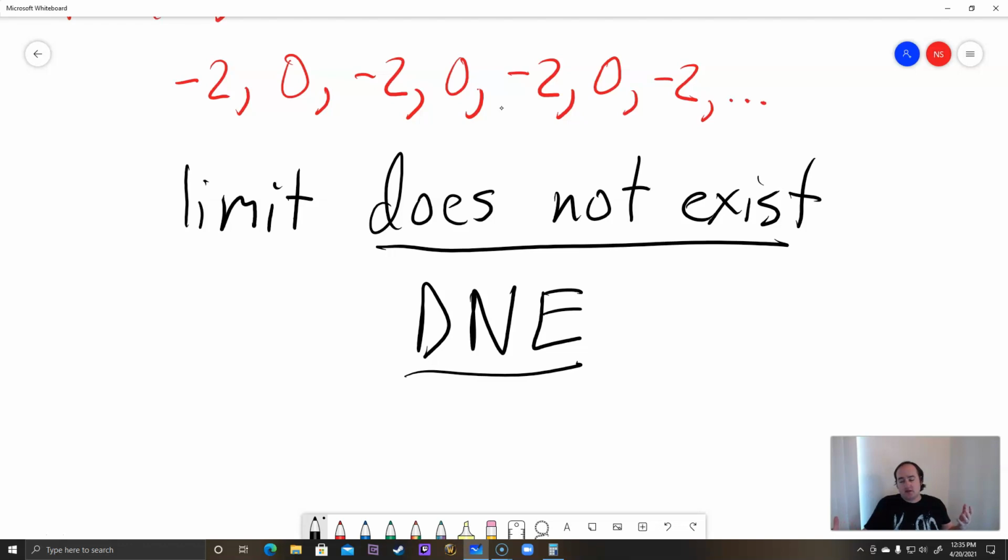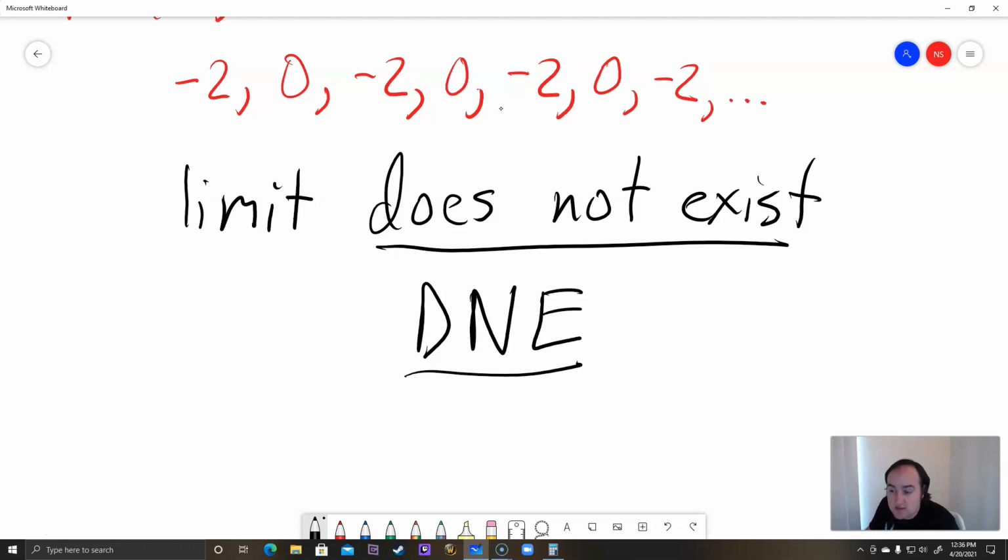Okay, so if the limit does not exist, that means we can't calculate it because it doesn't exist, which means that the sequence diverges. Because remember, to converge, the limit has to exist, and it has to be a finite number. And here it does not exist.